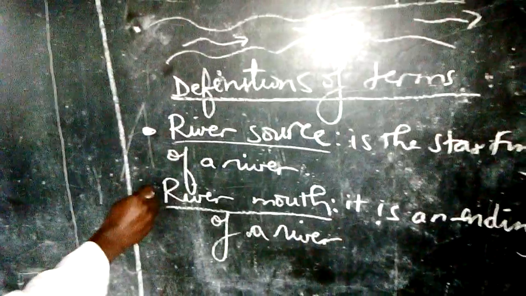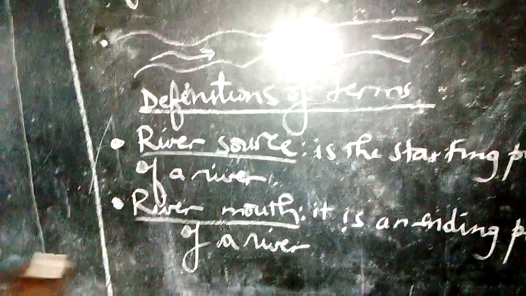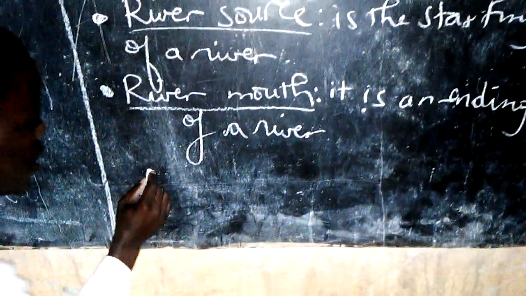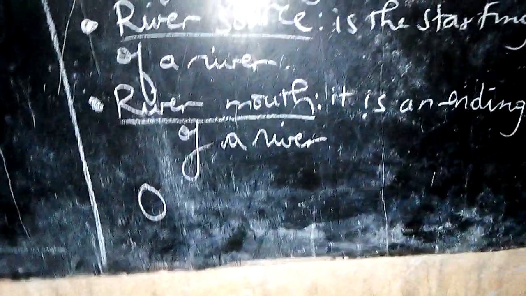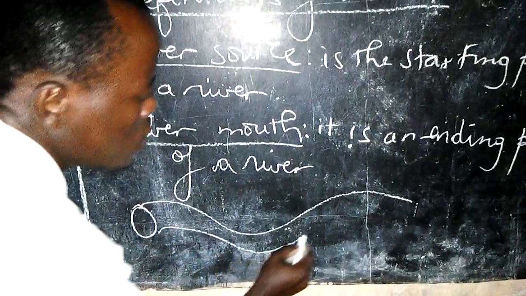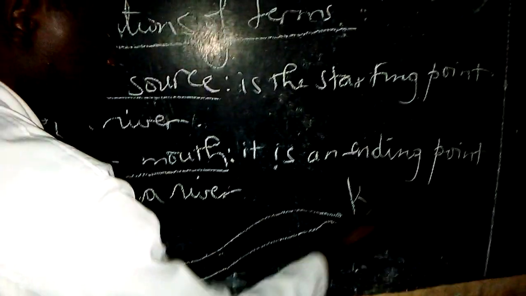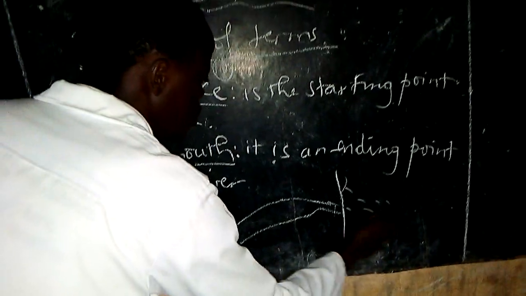Let me show you the two terms, how they can be described by using a diagram. Suppose that a river starts from this place and it moves until it reaches into the lake or into the sea.